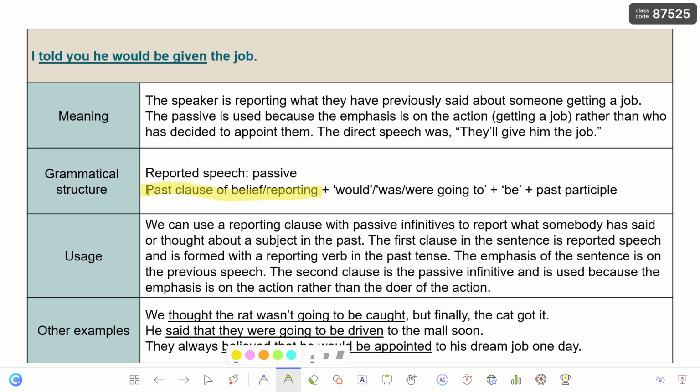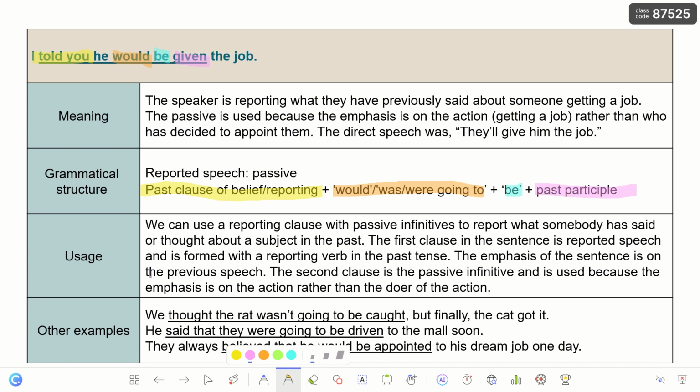This one, with I told you, matches with this one. For sure we need the subject. Then this one, be, here. Then we use what? The past participle of the verb.